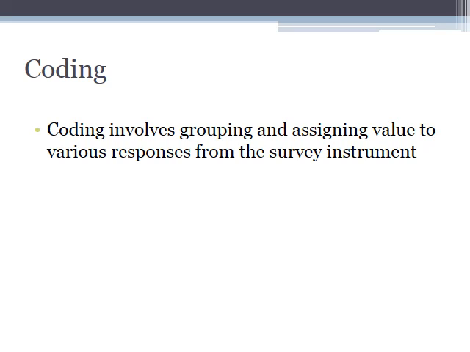But if we are only assigning categories for gender, we would have male and female, so we would have a 0 or a 1. We could still assign a value to them, 0 and 1. We can't say that 1 is better than a 0 in that case, but we can still assign a number to it, which will help us do some analysis later on, even if it's just frequencies.